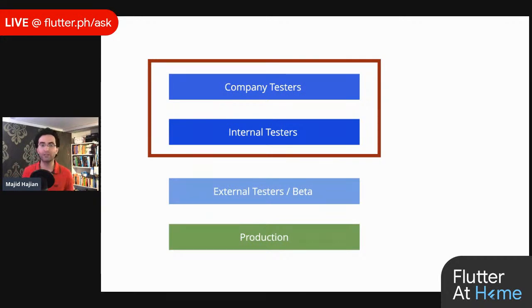You may have company testers, depending on how big your company is. You may have internal testers, some external testers, or those you want to call beta testers, and at the end, you also have a production-ready app that most of your users are using, right?